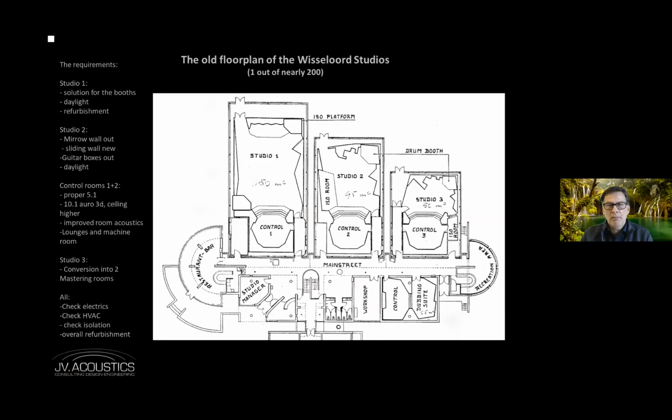This is, for example, the Wisseloord Studios. This was an existing studio. We had to renew nearly everything. So there was not such a lot to check, but we said, okay, we have to think about the control room. Are they really doing the job or not? You'll see that we had some issues in there.